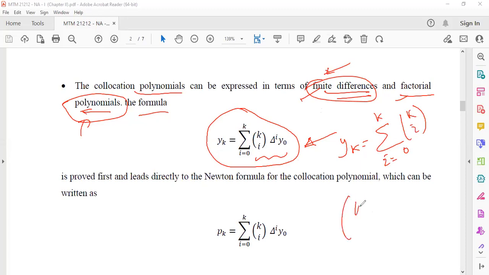Have you seen it? Maybe in school level you may see it.